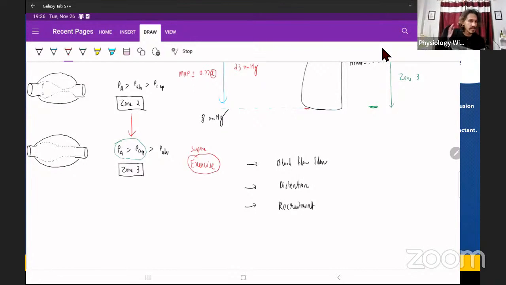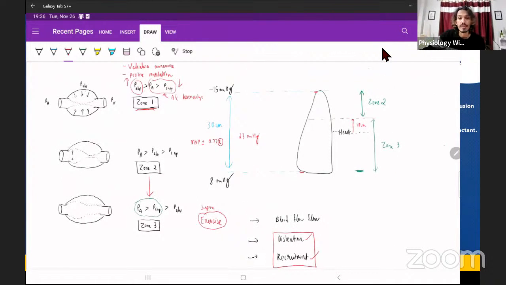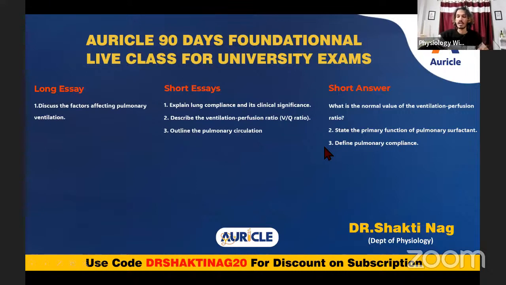At rest, there is a lot of vasculature which is not actually used, which goes into something called physiological dead space. Now when there is a requirement, you can in fact convert your zone 2s into zone 3 by doing things like distension and recruitment. So these are all various important things you can talk about with regard to your pulmonary circulation.